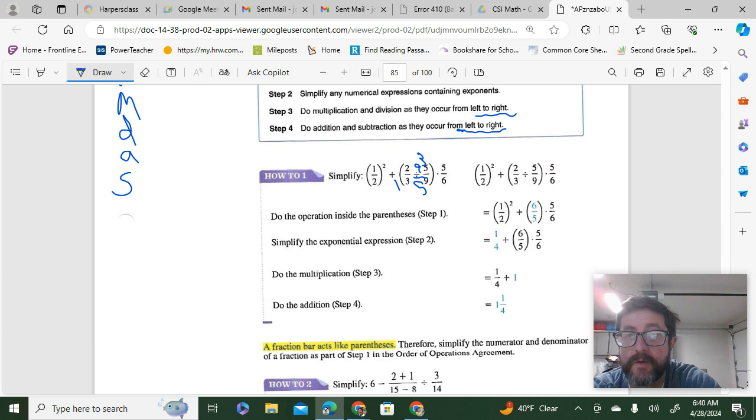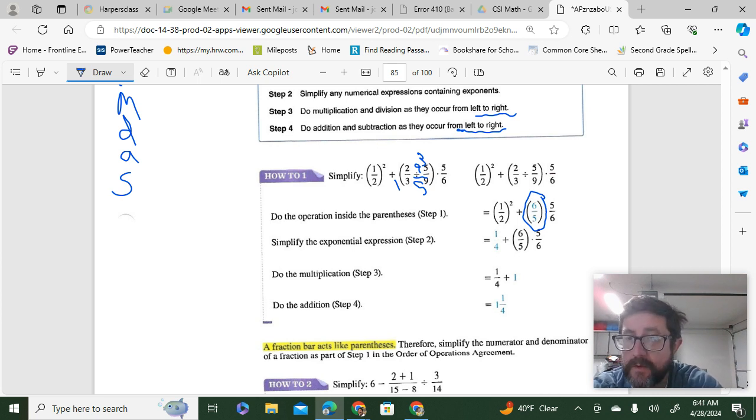So we would have 2/1 and 3/5. The 5 and 2 will not go down any, so we would go 2 times 3, which would be 6/5, because 5 times 1 is 5. So we've gotten that out of the way.